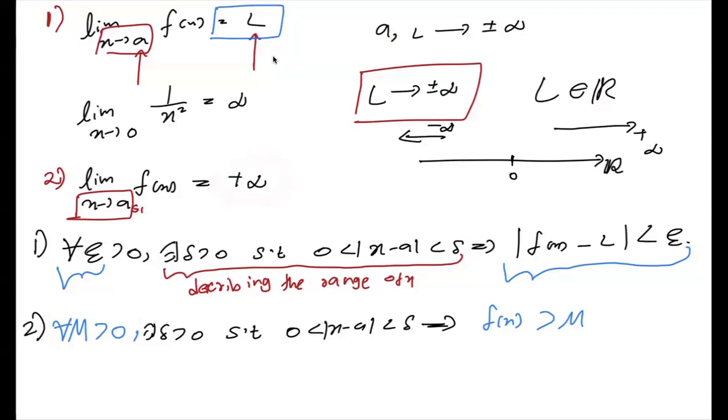Because infinity is a very large positive number, it means that if you give me any arbitrarily large positive number, your function is greater than that one. So for these large positive numbers, we use the notation M. It is more of a preference, you could take capital T or U or any other letter, but most textbooks use M.